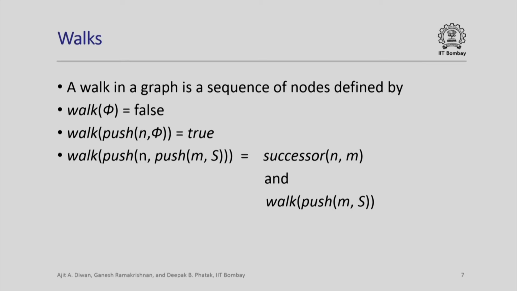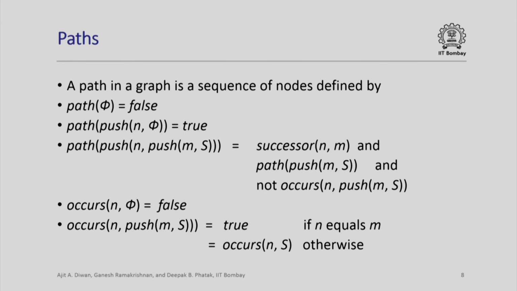That is, if I take a sequence that has first element n and second element m, then this sequence is a walk if m, the second node, is a successor of the first node, and the remaining sequence obtained by removing the first node is also a walk. So, essentially a walk is a sequence of nodes where every node in the sequence is followed by one of its successors.